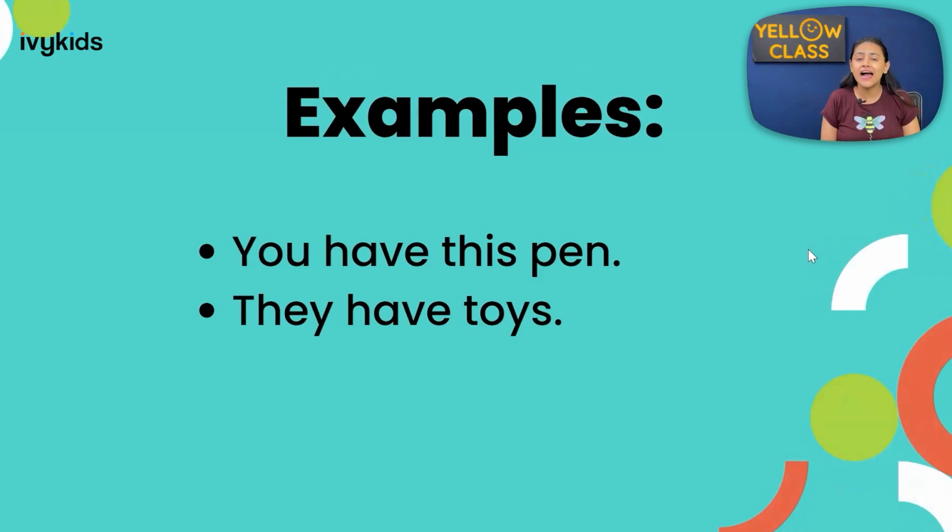They have toys. Their ownership is connected with the word toys. They have toys. That's why I've used have there as a helping verb. A helping verb helps the sentence to build a correct formation. That's why they are called helping verbs.